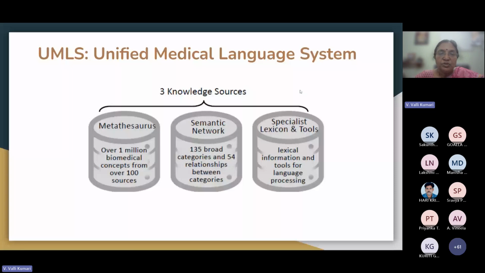So, the Unified Medical Language System. There are some sources like the Metathesaurus, in which you have 1 million biomedical concepts from over 100 sources.